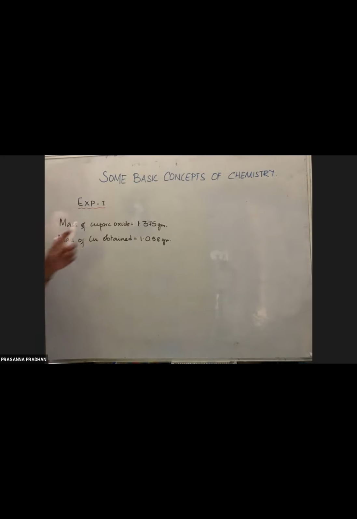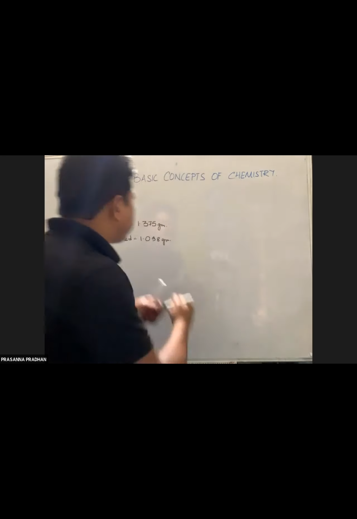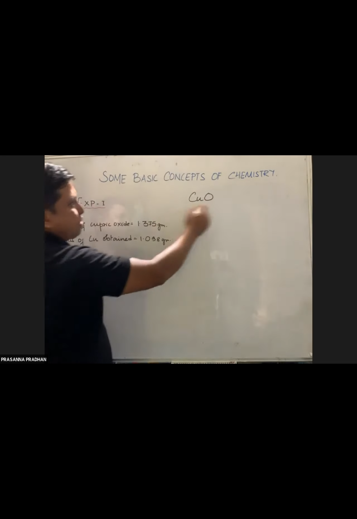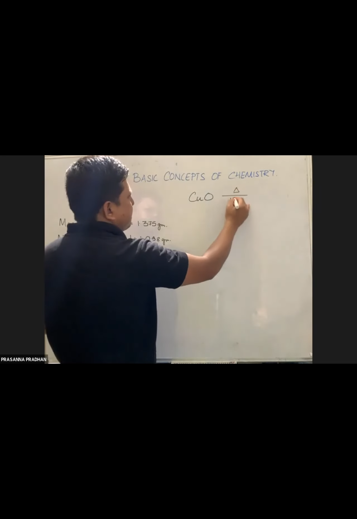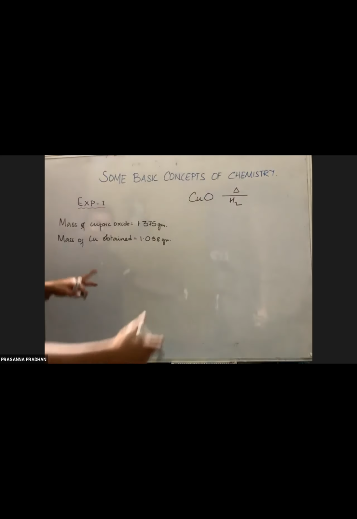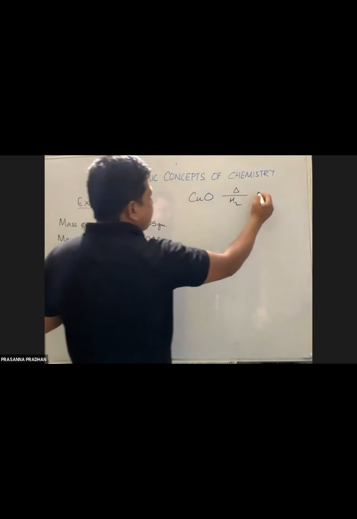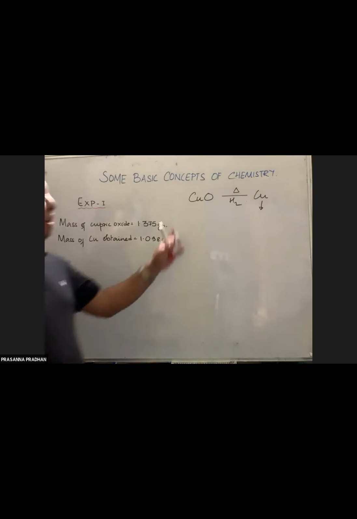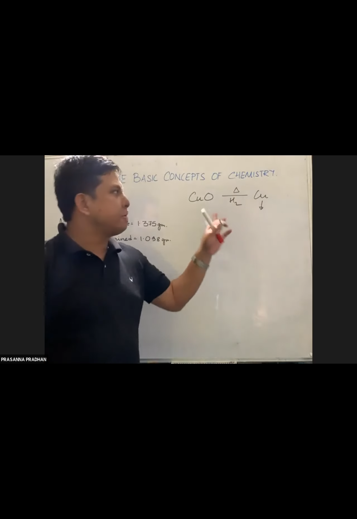Cupric oxide means it is made up of which two elements? It is made up of copper and oxygen. So you heated it, passing a current of hydrogen, whatever. After this, what is the mass of copper obtained? Copper obtained is given. So if I apply the law of conservation of mass, what will be the mass of oxygen then?